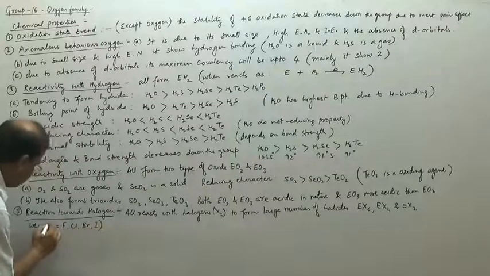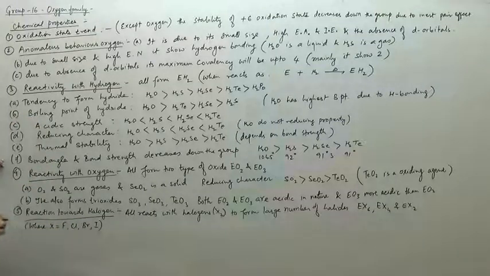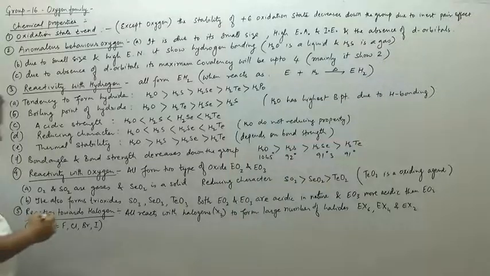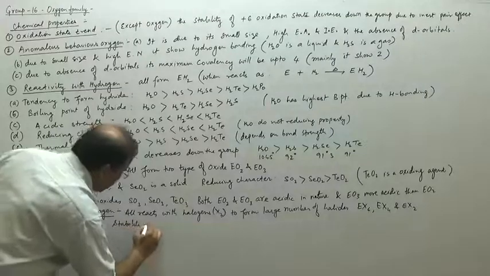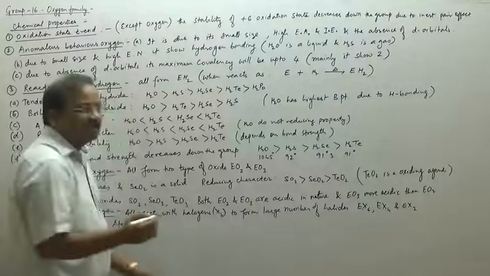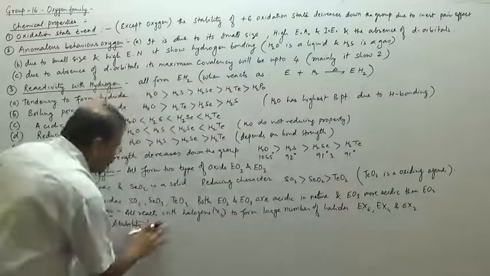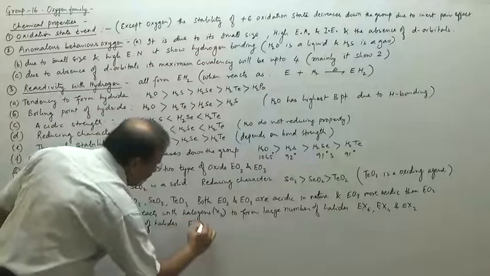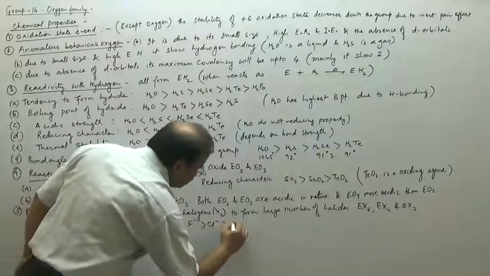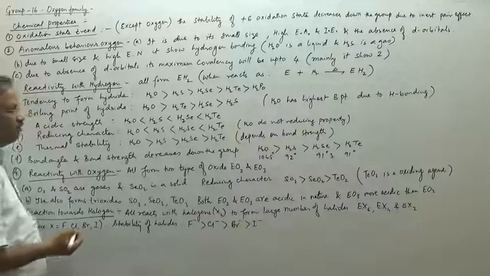And the stability of halides, obviously, if nothing is mentioned, means thermal stability. We used to say that fluorides are more stable than chlorides, which are more stable than bromides, which are more stable than iodides.